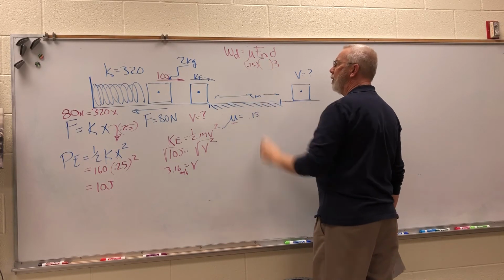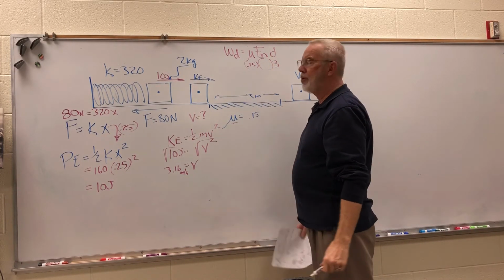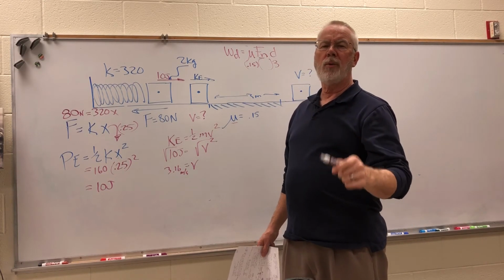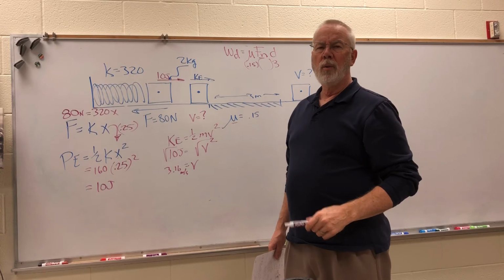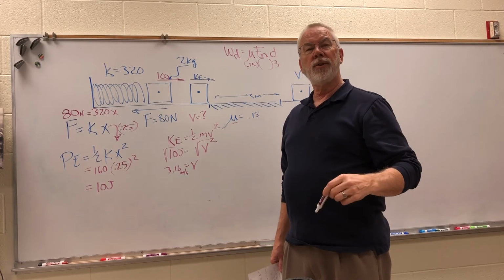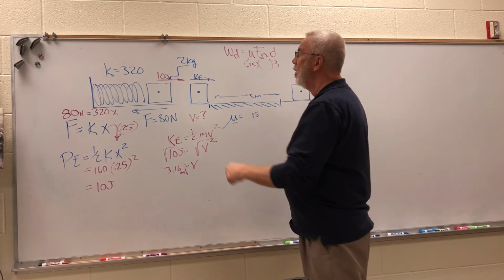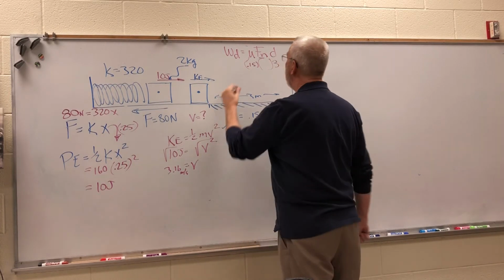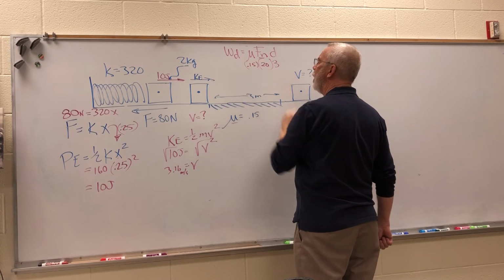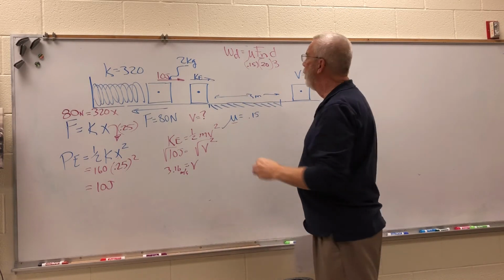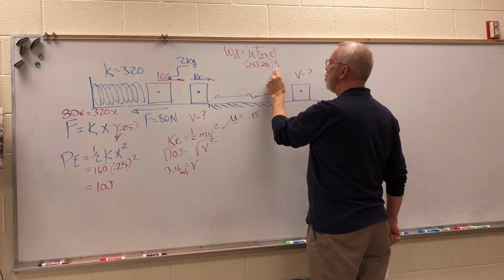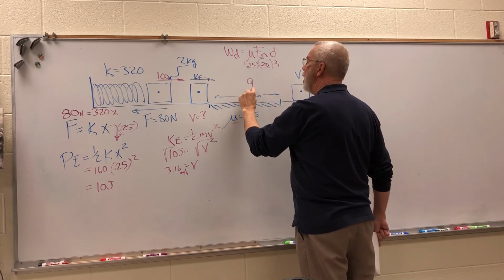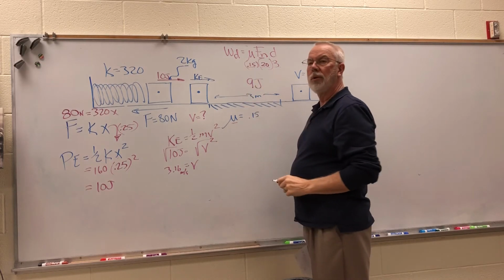So the only thing that's even remotely challenging might be to solve for the normal force. You're supposed to remember that the normal force is equal to the weight, which is F of G, and F of G is equal to M times G. So we're taking 2 times G, which is 10, or the value is 20 total. So we got 0.15 times 20 times 3, and that comes out to 9 joules.